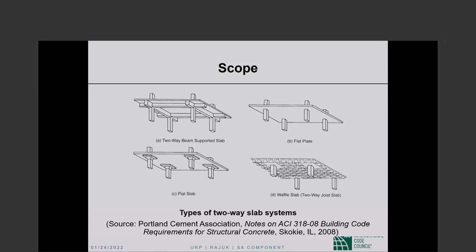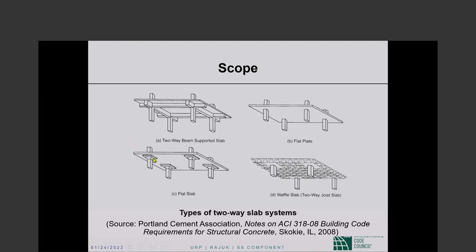Now, the problem with the flat plate is two-way shear or punching shear around the columns. As the span gets larger or the loading on the slab becomes higher, we develop problems with punching shear around the columns.